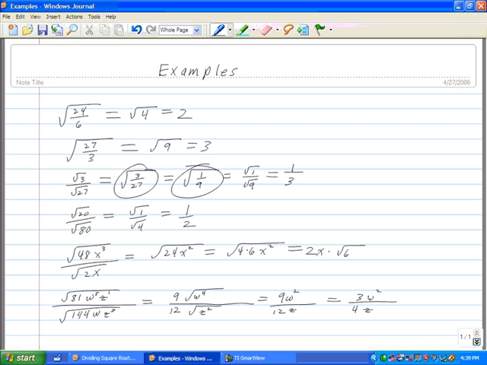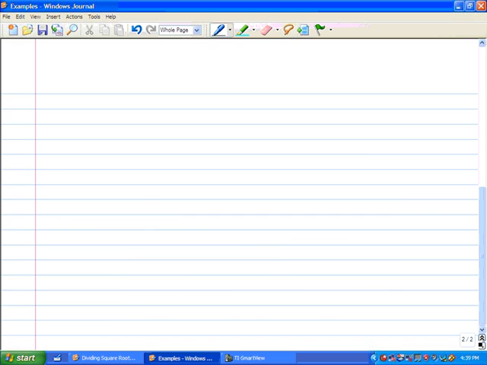All right, let's go with one more example with larger constants and other variables with exponents. Let's take the square root of 125a to the 6th b to the 8th over the square root of 5a squared b squared.